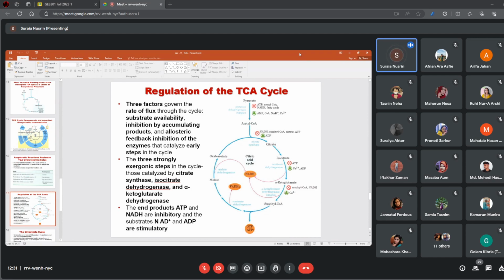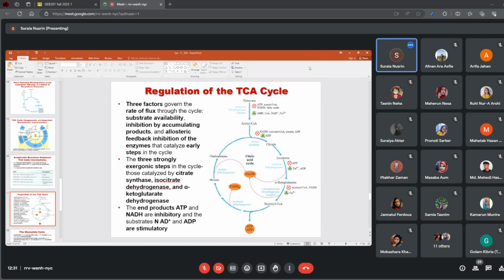But if there is enough product, which is our goal, the ATP and NADH, then the cycle will be inhibited. And the enzymes here, which are involved in the early three steps in the cycle, and they are what?